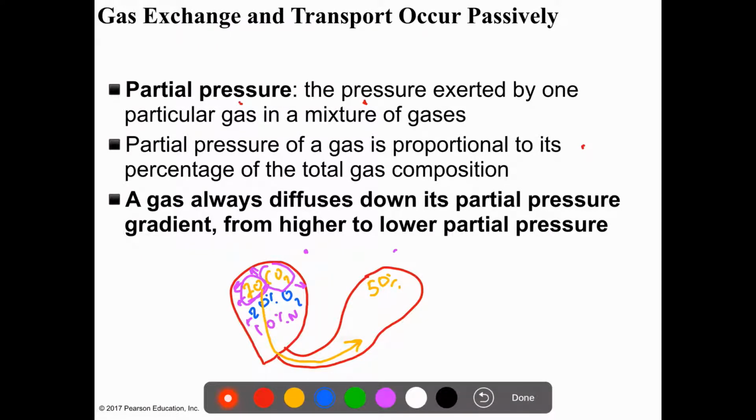But if the oxygen here was 20%, then oxygen will not move. If the nitrogen is 5% here, the nitrogen would move in this direction. So gases are going to diffuse from higher to lower partial pressures.